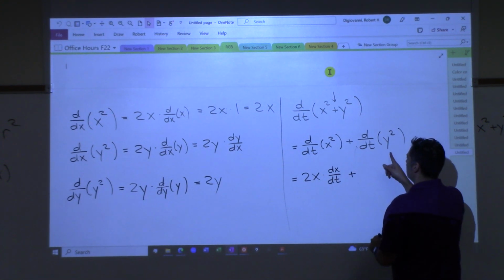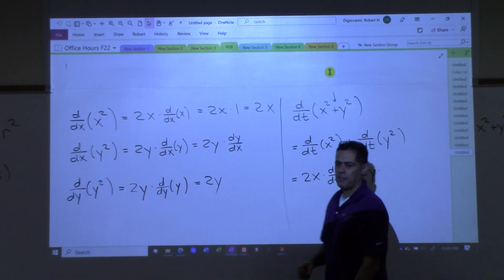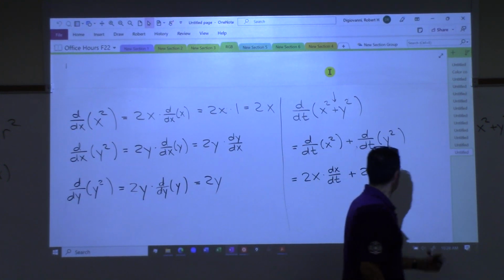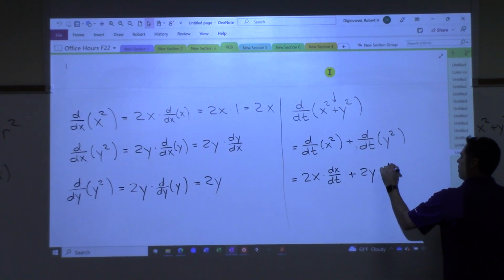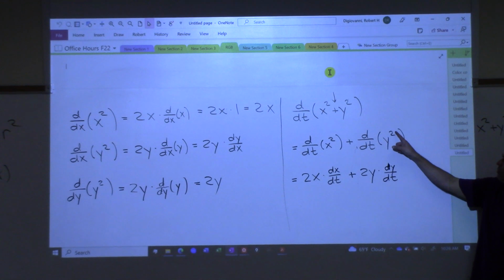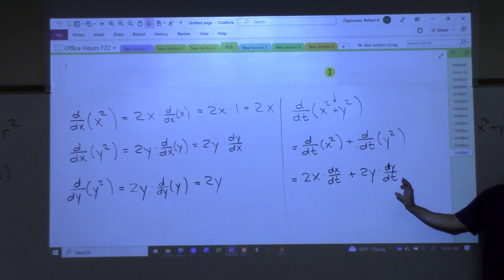Plus, over here, 2y times dy dt. Because we're using the power rule, 2 comes out, y to the first power. Then you have to take the derivative of y with respect to t, which does not turn into 1, it turns into dy dt. Y'all see it?